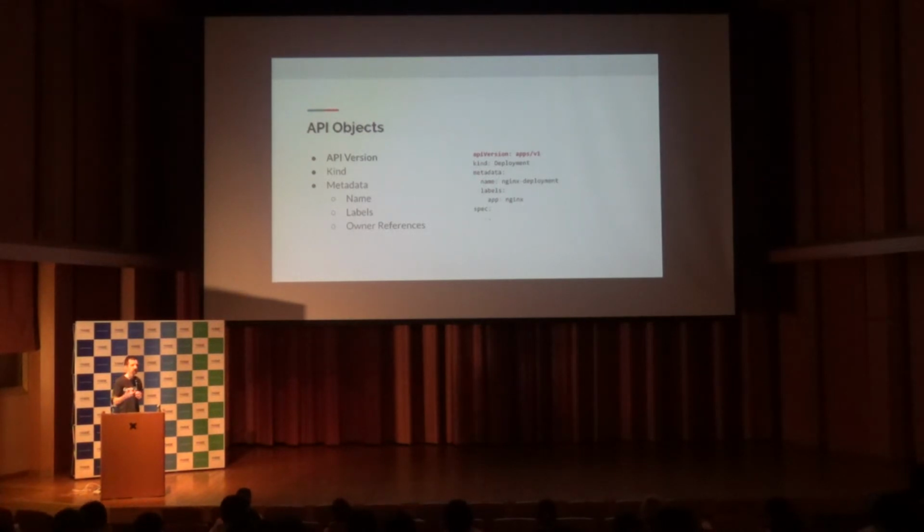This group and version is used to help identify that particular type of object, and essentially the API endpoint that you use to talk to. The kind is just specifying the type of the object. Based on this and the API version, you can know what type of object it is and essentially the format of that particular object.